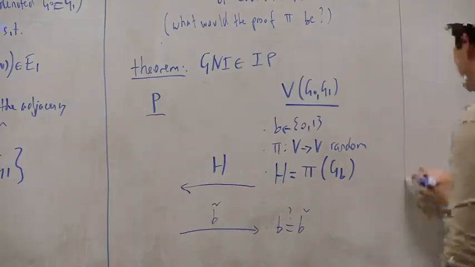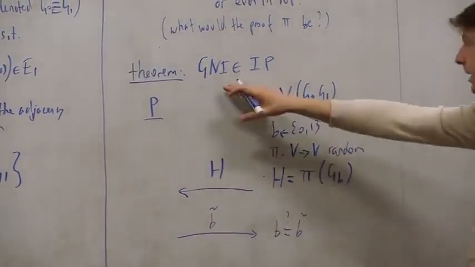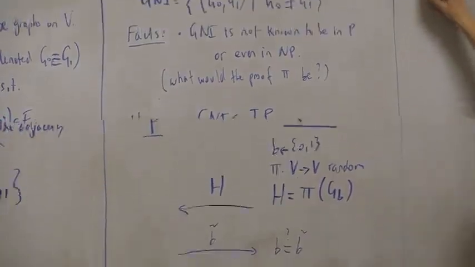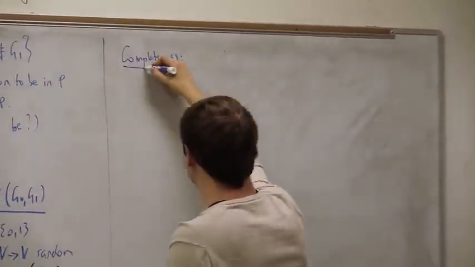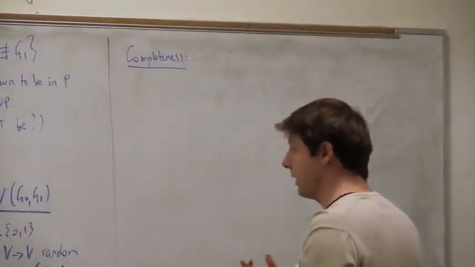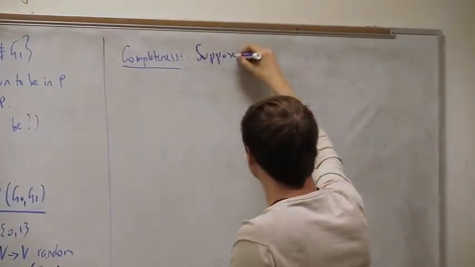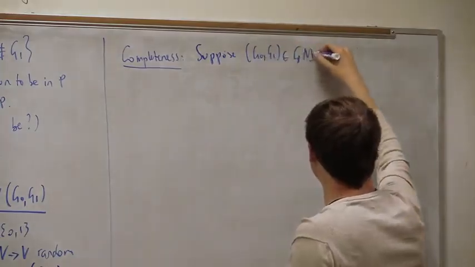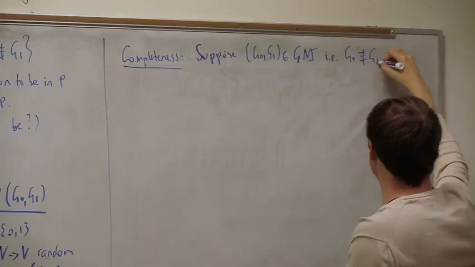So if we want to prove that this protocol is an interactive proof for GNI, we have two properties to show: completeness and soundness. Completeness says that if the two graphs are not isomorphic, then there is a way to make the verifier accept all the time. Let's suppose G0 and G1 are in GNI, namely, G0 is not isomorphic to G1.